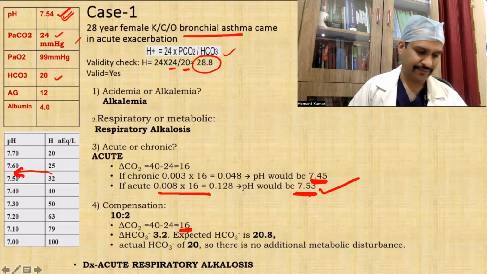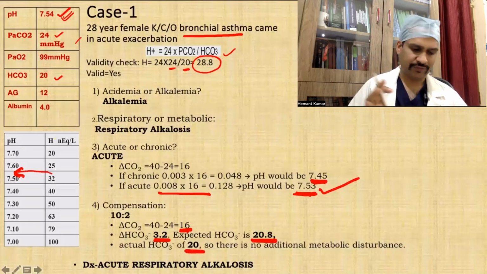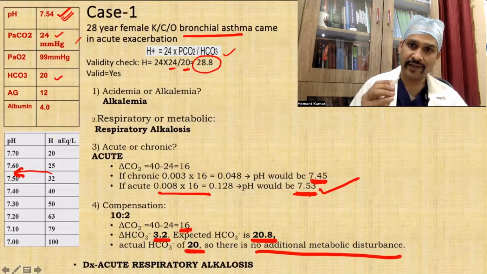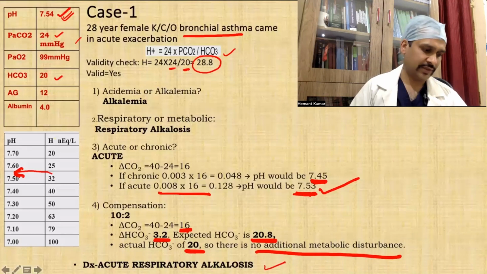By 16. So how much bicarb will get reduced? 3.2. So the expected will be 20.8. In our ABG it is 20. So it is close. So there is no additional metabolic disturbance. So our final diagnosis is acute respiratory alkalosis. This is our final diagnosis.